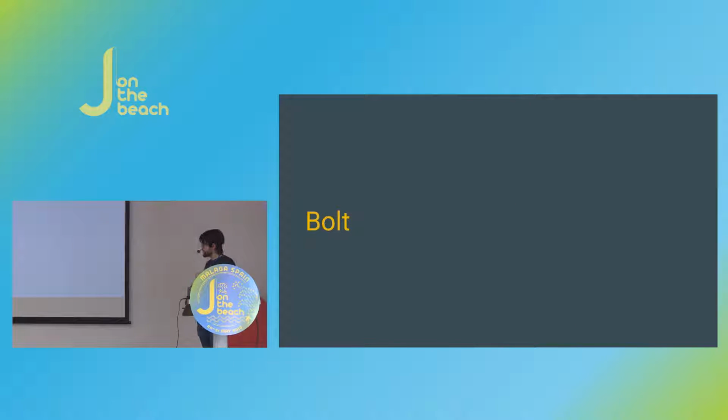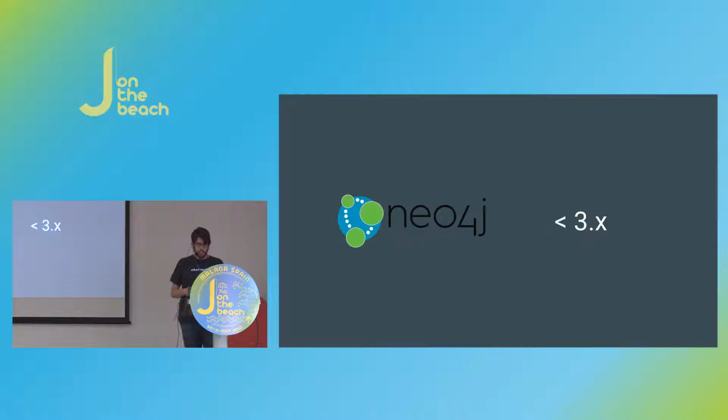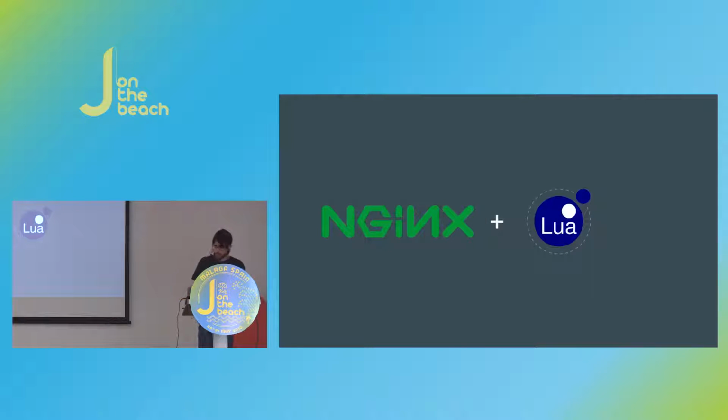And yeah, recently Neo4j released a new version, 3.0, and they released a binary protocol. Okay, before version 3.0, it was HTTP only. So it was quite easy, and we had a lot of tooling around. We used a proxy, an Nginx proxy, and some Lua to handle, for example, authentication.